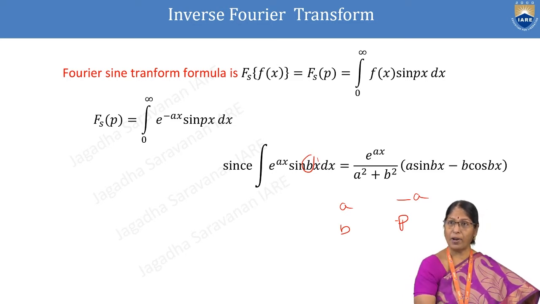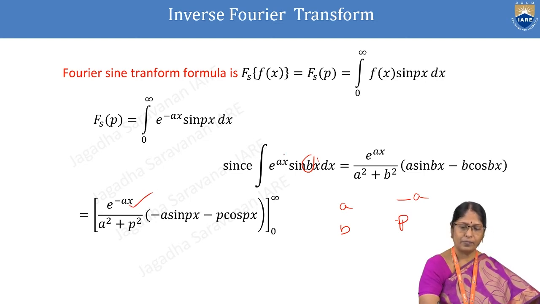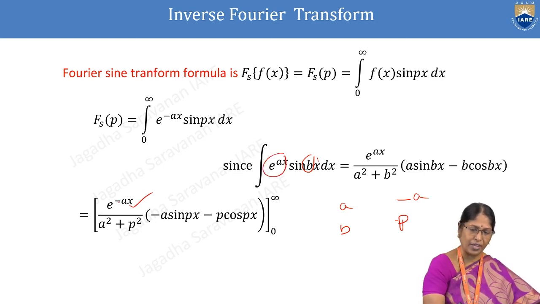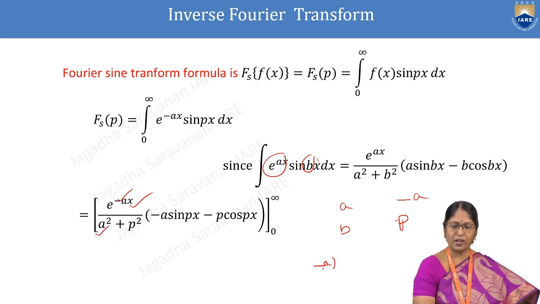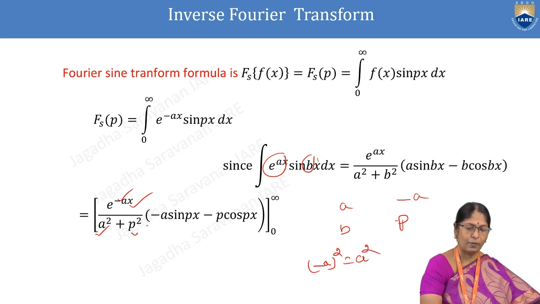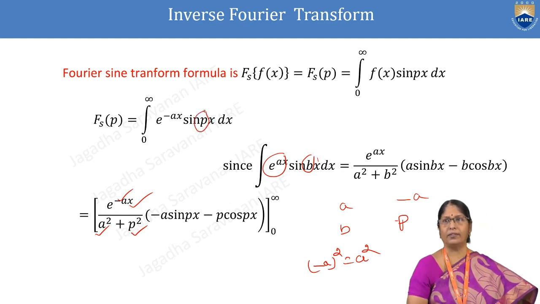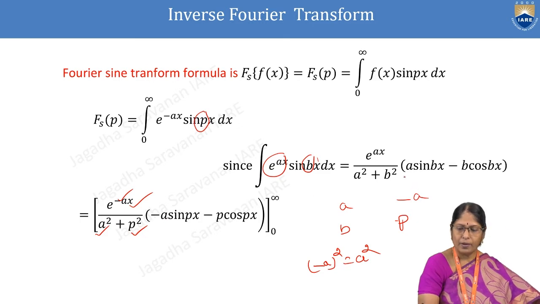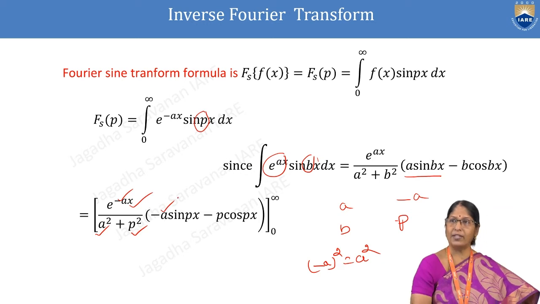Next, we are going to apply it now. E power ax, but here our a is minus a. The square, that is minus a the whole square, is nothing but a square plus p square, because in the b place, p is there. Then a sine bx is the formula; our a is minus a, so minus a sine px.